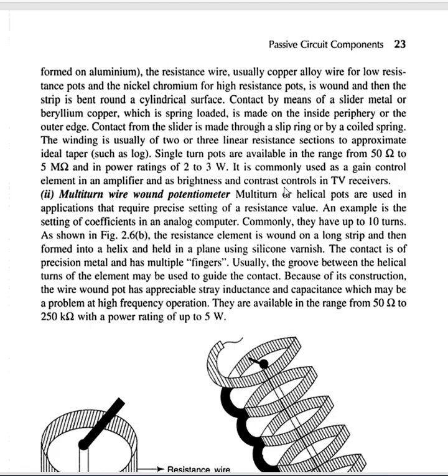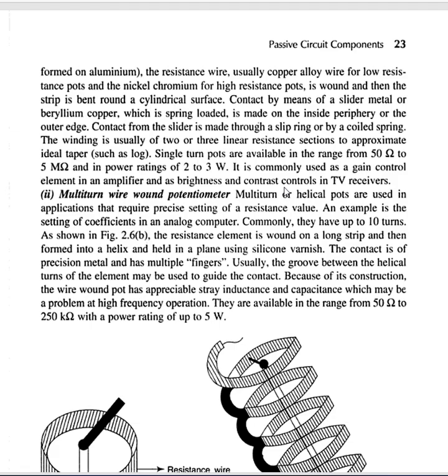Contact is made by means of a slider of metal or beryllium copper, which is spring loaded, on the inside periphery or the outer edge. Contact from the slider is made through the slip ring or by a coiled spring. The winding is usually of two or three linear resistance sections to approximate ideal taper.